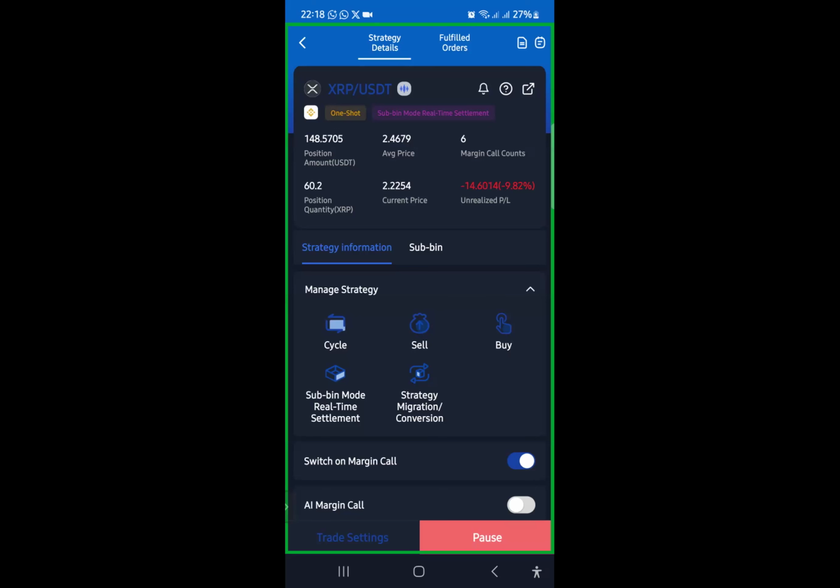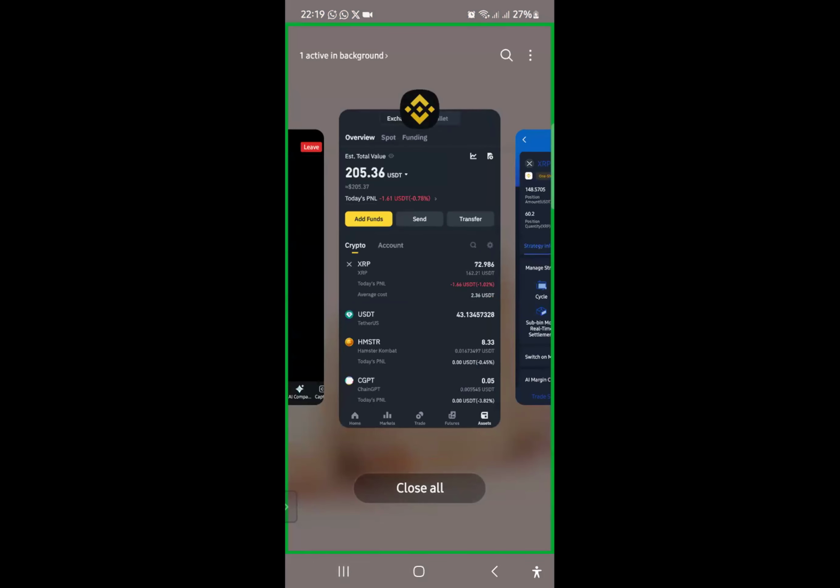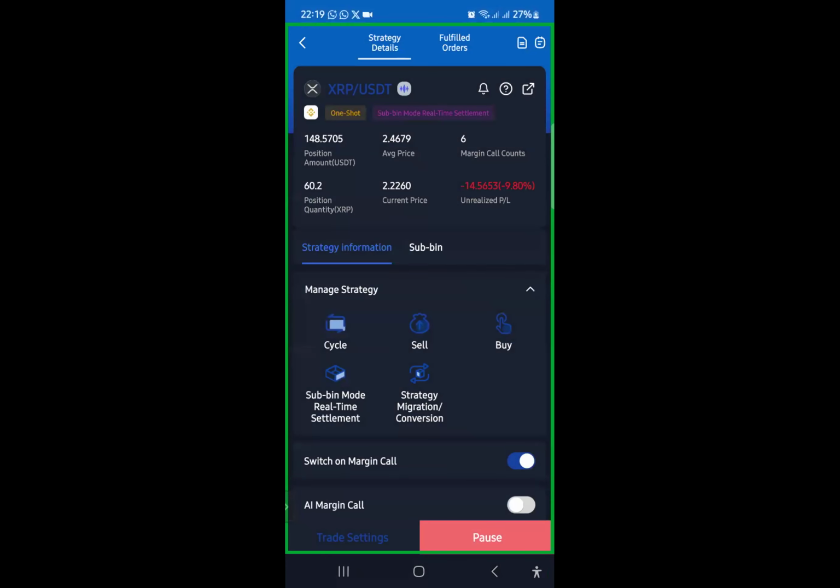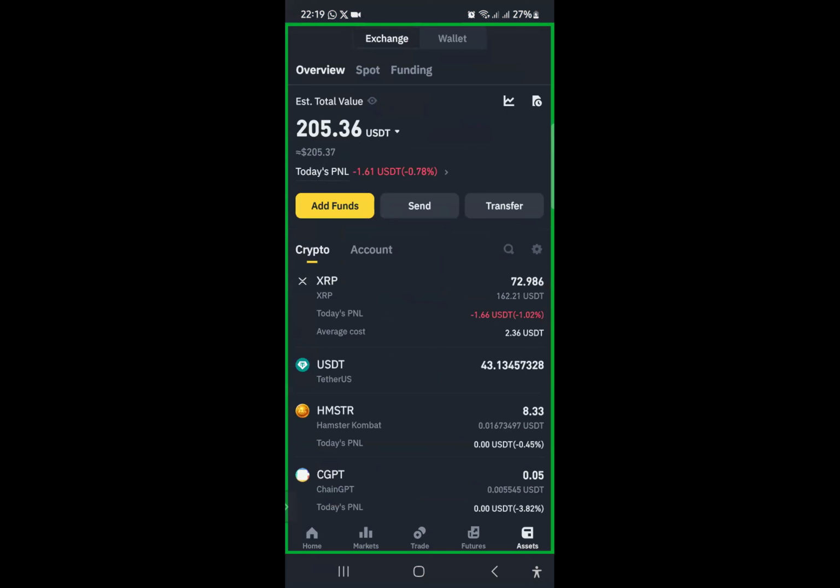That is what you've invested. But when we go to your Binance, we are not supposed to see 148. We are supposed to see around 130 something, 133. Let's go to your Binance. Okay, we are here.